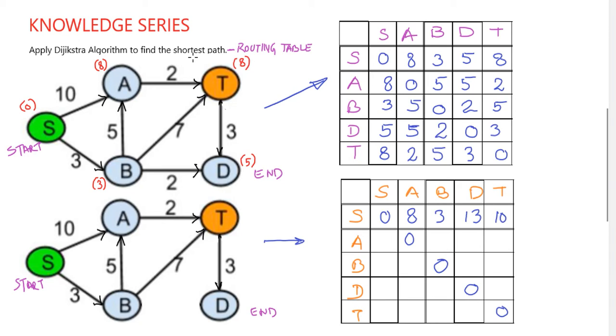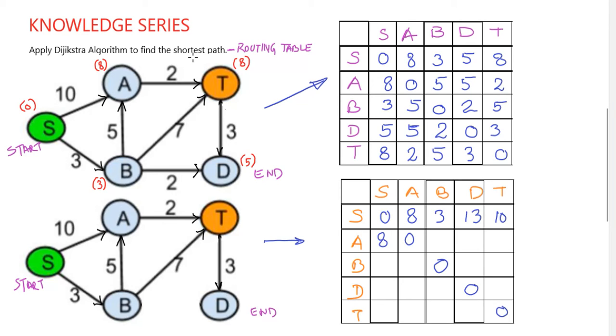So A to S is what? A to S is not a direct path, because it is giving a weight with respect to direct and indirect path, where the indirect path is shorter. So that's why it is 8.